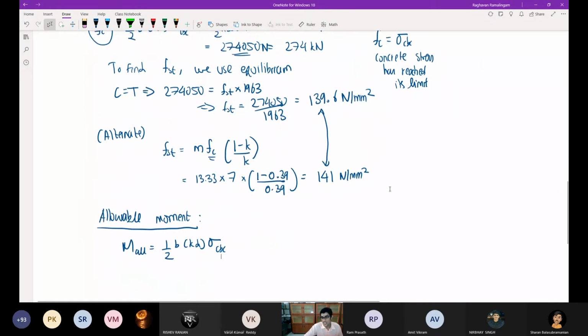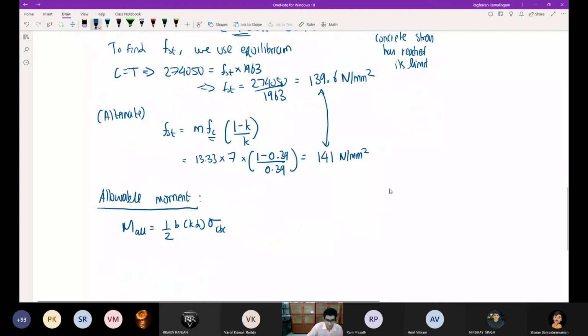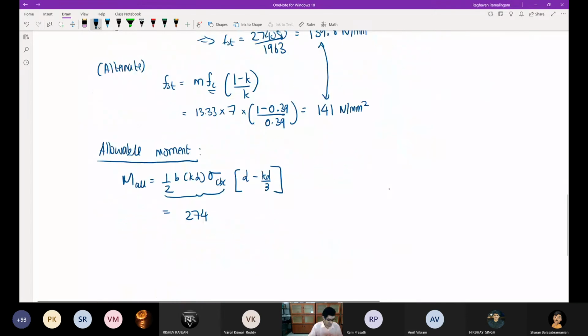Now times this D minus KD by 3. This part you already found, it is 274,050. D is 655. KD is 261. Just multiply this and see what comes.